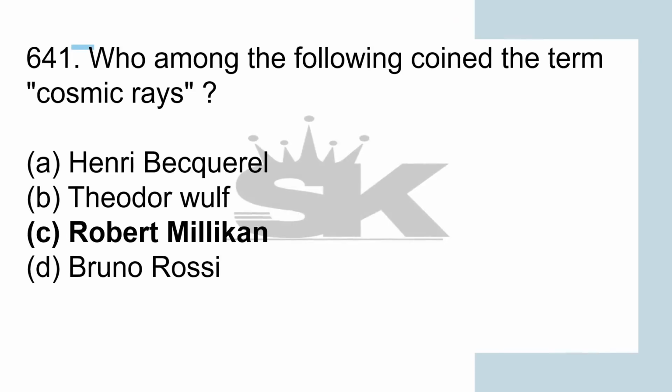So the answer is Robert Millikan. Millikan was convinced that penetrating radiation entering the atmosphere was electromagnetic, and coined the term cosmic rays in a paper where he argued that cosmic rays were the birth cry of atoms in the galaxy.